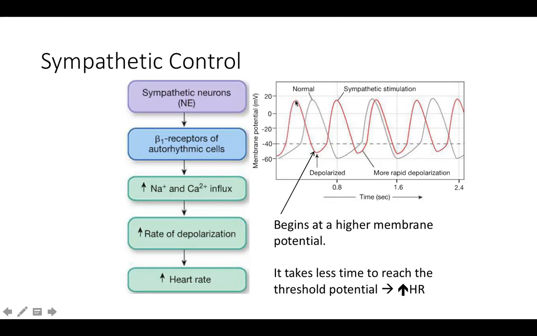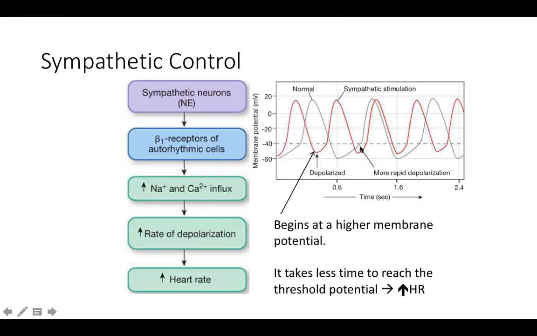You're going to depolarize quicker, and during your repolarization phase, your sodium is going to start entering the cell faster. And so the pacemaker potential increases at a faster rate. So you reach threshold faster.